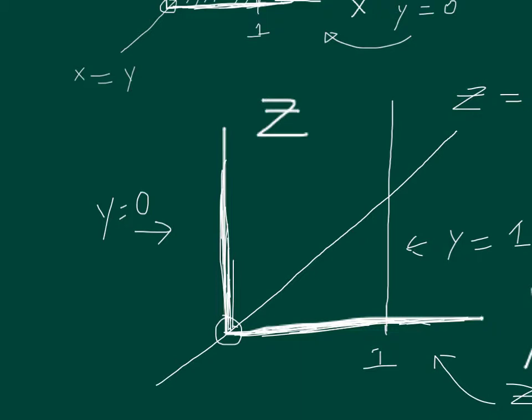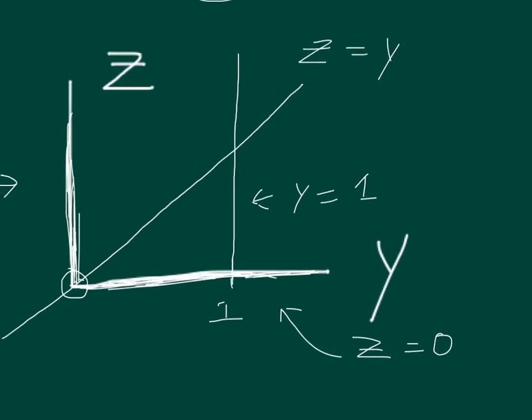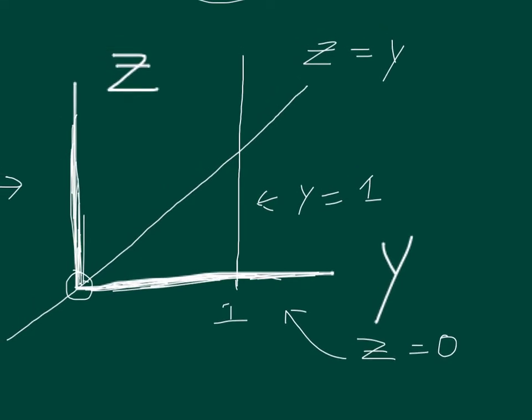Well, when we actually graph the domain of this figure, you'll see where this comes in. But for now, we're primarily concerned with the bounded region that we found from the equations y is equal to 0, y is equal to 1, and z is equal to 0. So I'll go ahead and shade in the bounded region right here. Okay, that's pretty good.